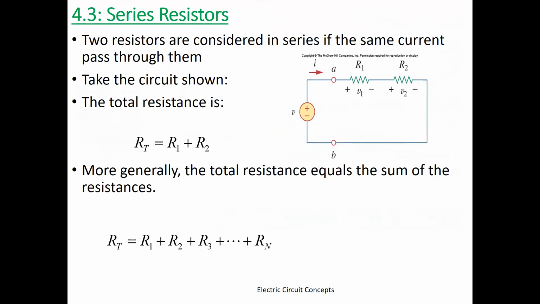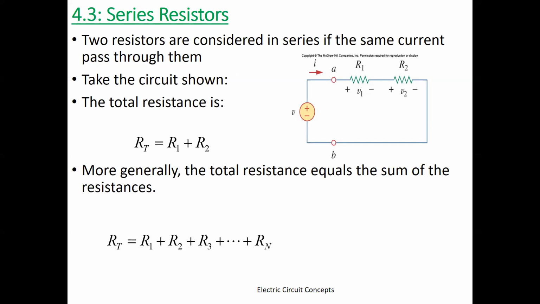Series resistors. As I mentioned earlier, in the previous chapter we only studied a circuit with one voltage source and one resistor. Now we need to see what happens if we have more than one resistor. Either they are connected in series or in parallel. How do we analyze the circuit?